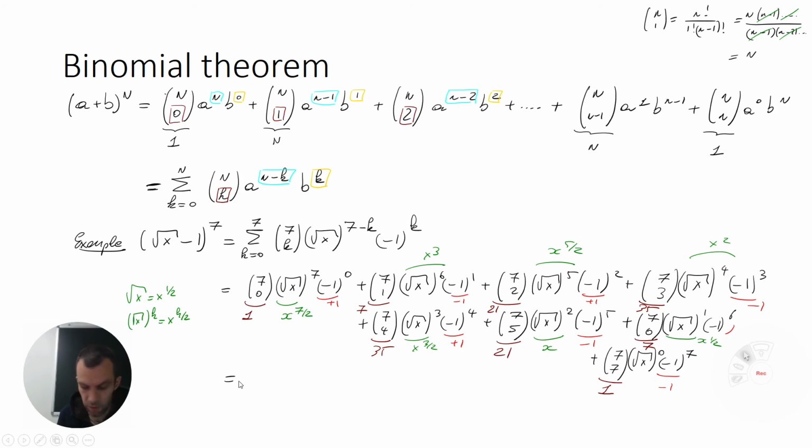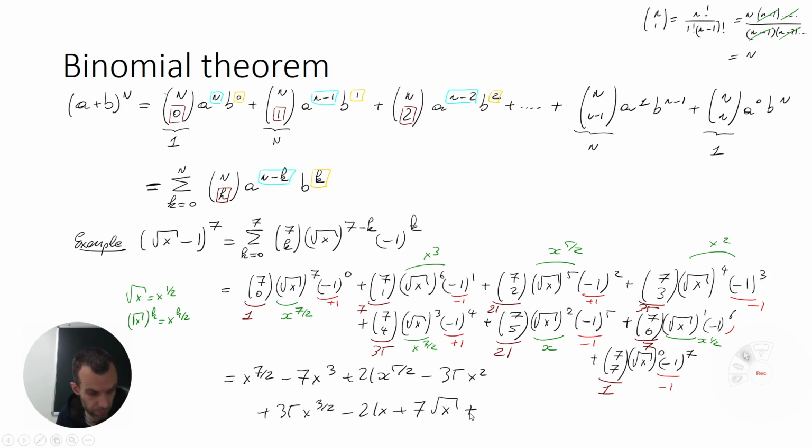And then collecting all of the simplifications, we get x^(7/2) minus 7x^3 plus 21x^(5/2) minus 35x^2 plus 35x^(3/2), minus 21x, plus 7 times square root of x, minus 1.